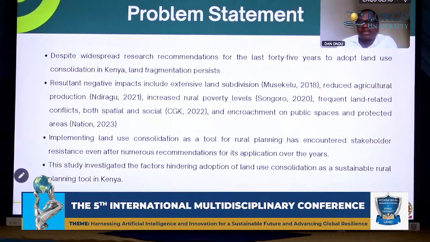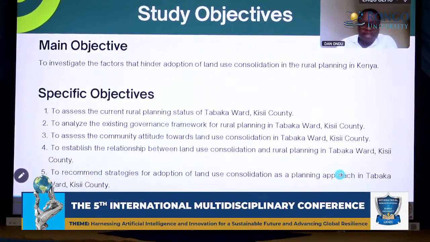This has led to extensive land subdivision, reduced food production, increased rural poverty levels, conflict, which is both spatial and social, and also encroachment on public areas. So the objective of this study is to investigate these factors that have hindered consolidation.